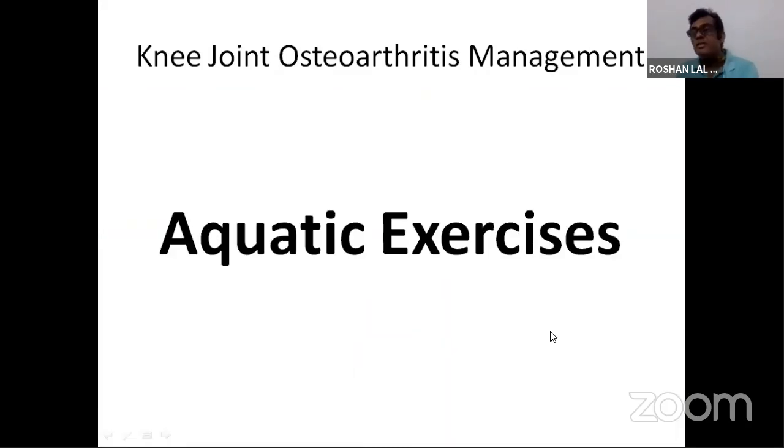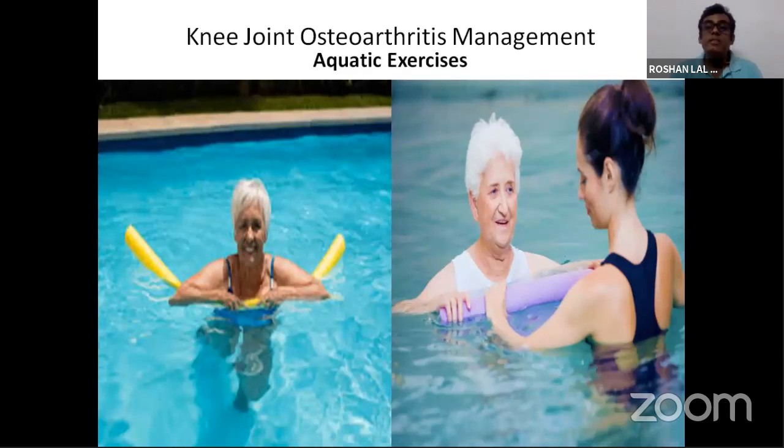Now, aquatic exercises. Aquatic exercises are basically given to elderly people who find difficulty in standing on the ground or are not able to walk on the ground. And these patients do not want to go for total knee replacement. So for these patients, we can recommend aquatic exercises.